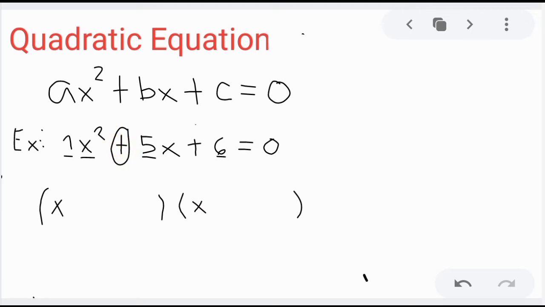Since the sign of the second term is positive, we both have positive. Now we are looking for factors of 6 whose sum should be 5. So let's think. We have 3 and 2, right? So that's the factor of this example.